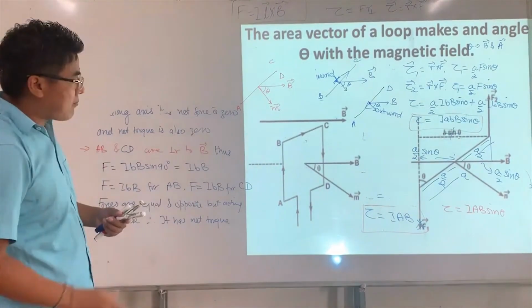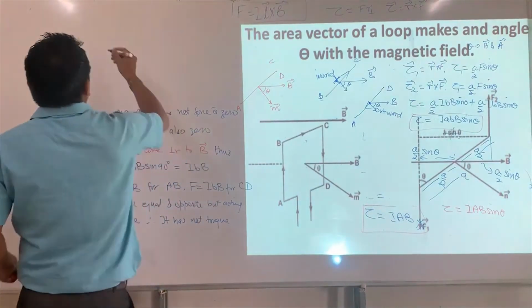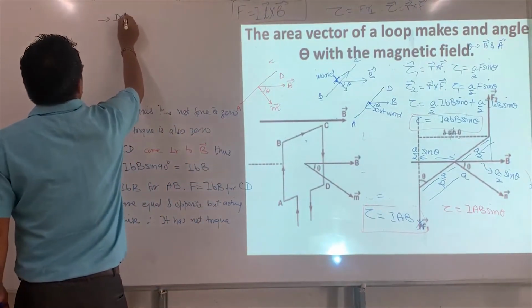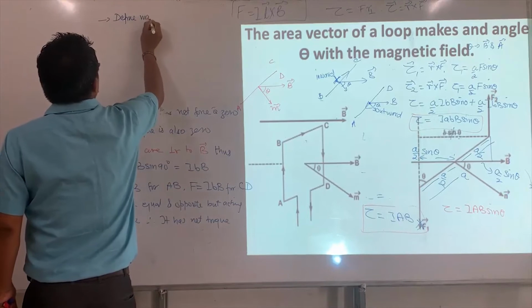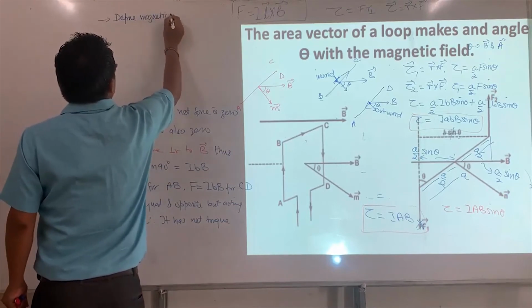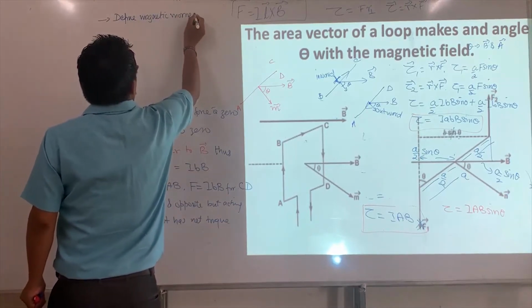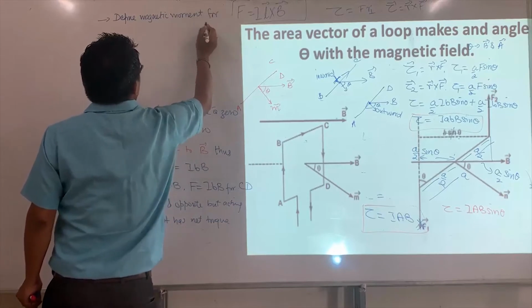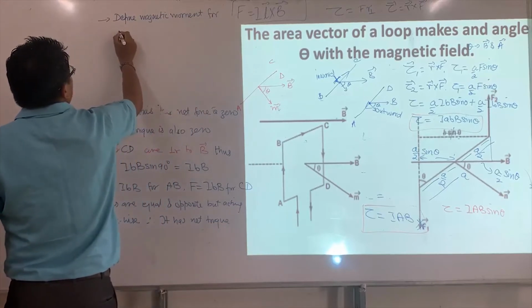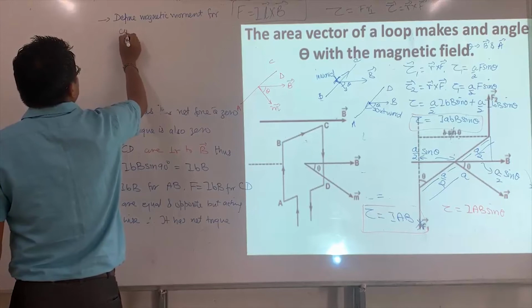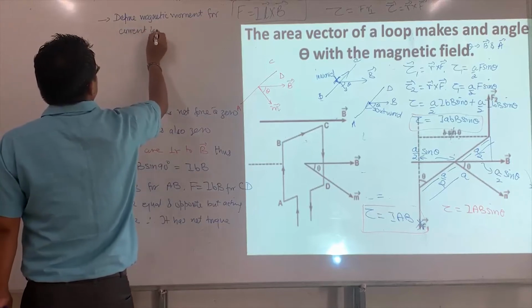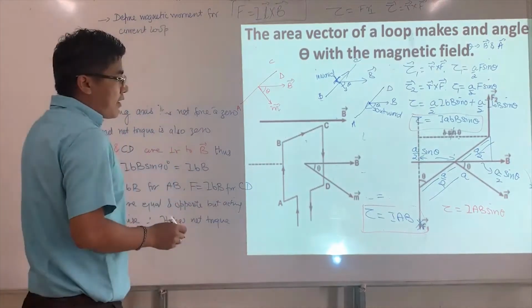So I define a magnetic moment. Let's define a magnetic moment for rectangular current loop, let's say current loops. So this is how I define.